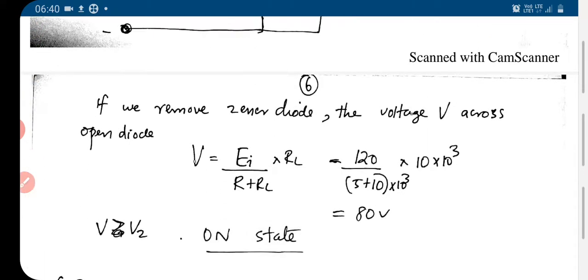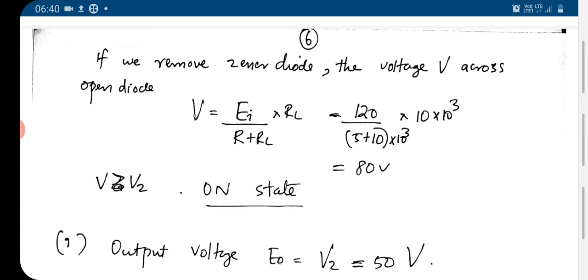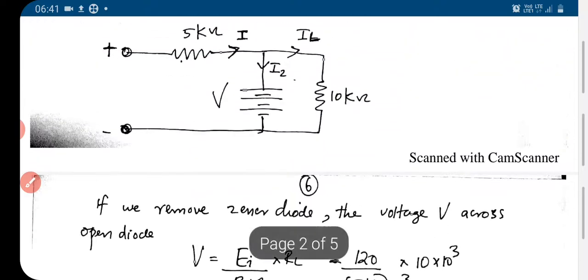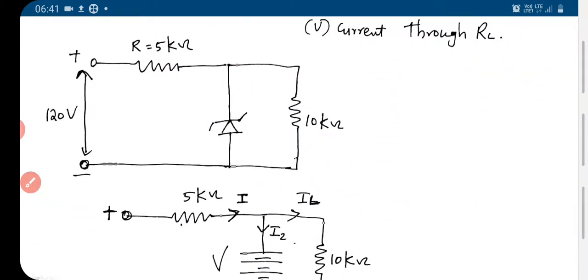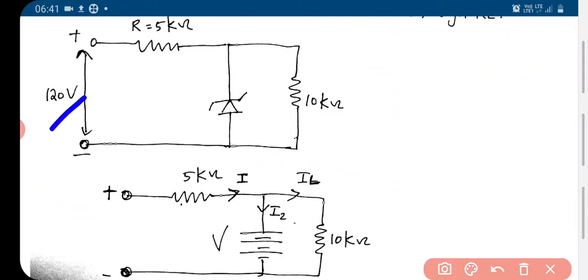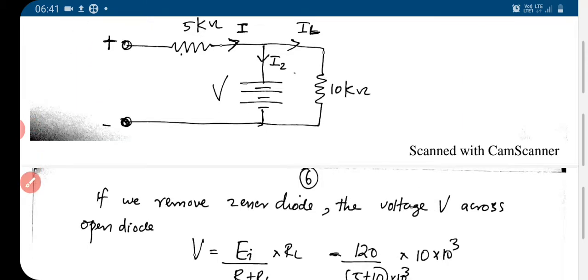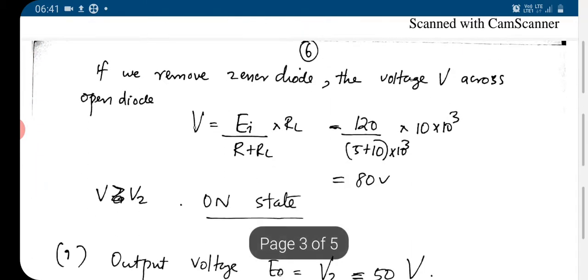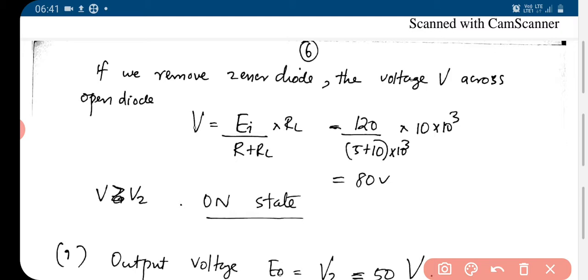For that, we find this V, the voltage across the Zener. That will be equal to EI by R plus RL into RL. EI is the input voltage that we are giving, 120 volt. So this is 120 by this into this, which is 80 volt.